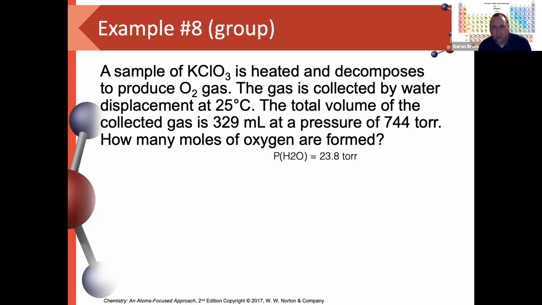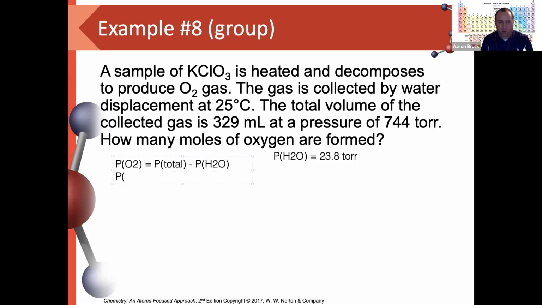So the real kick here is we know that the temperature and the volume are going to be the same for the oxygen as they are for the mixture. The pressure is what is ultimately going to change. And so we need to use Dalton's law here to say that the pressure of oxygen is equal to the pressure in total minus the pressure of the water.